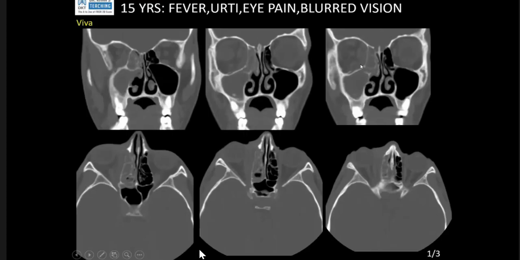Coronal reformats showing fever with URTI, eye pain and blurred vision. There is opacification of the right ethmoid sinuses with adjacent spread to the medial aspect of the orbit.